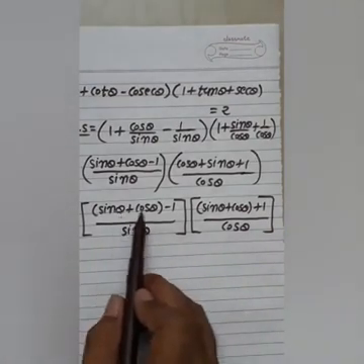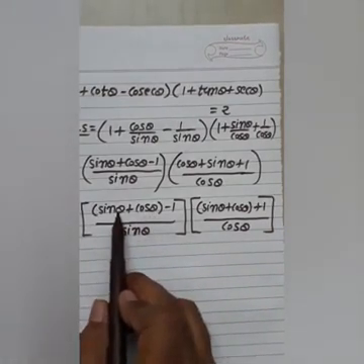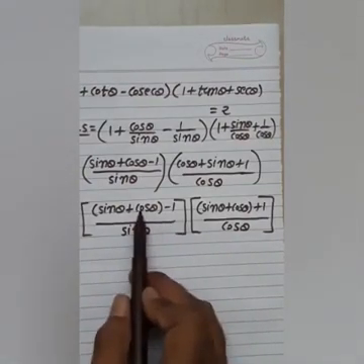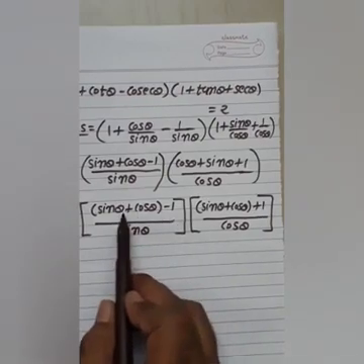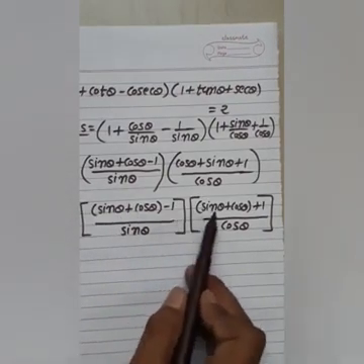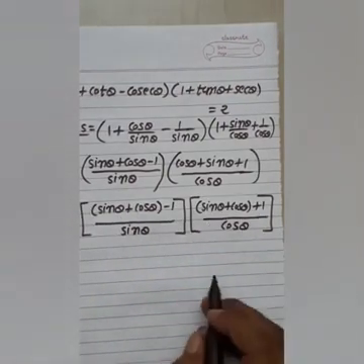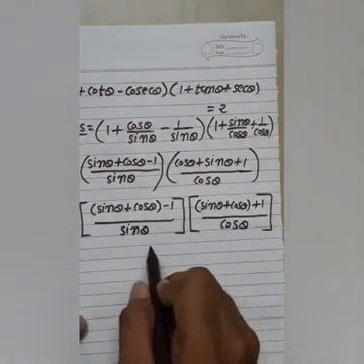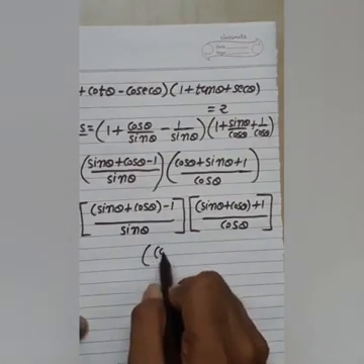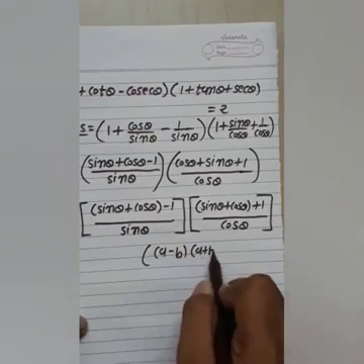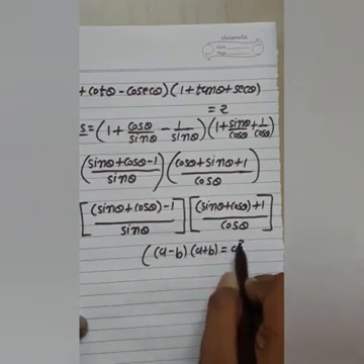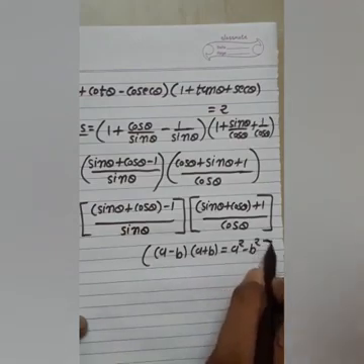This term we can consider in the form of a, and 1 we can consider in the form of b. So here we have a minus b and a plus b. We know one identity: a minus b times a plus b is equal to a square minus b square.